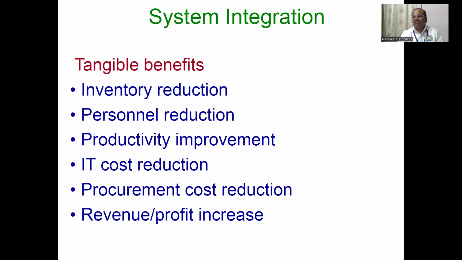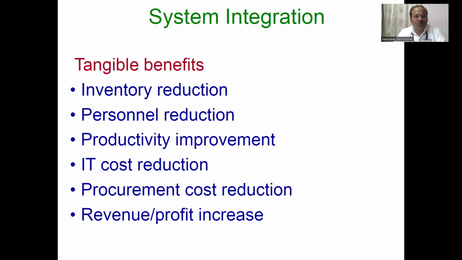Let's now understand the other part of our presentation, apart from the supply chain concepts, what we term system integration, or developing resilience into the system. First of all, let's try to understand the tangible benefits which we accrue by integrating all the systems in place. The first one is inventory reduction, which is a core essential goal of any supply chain integration process.